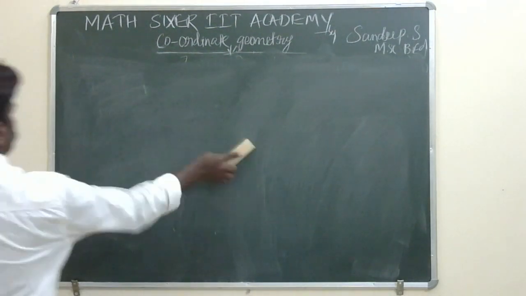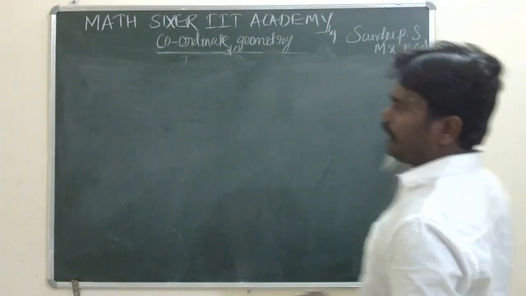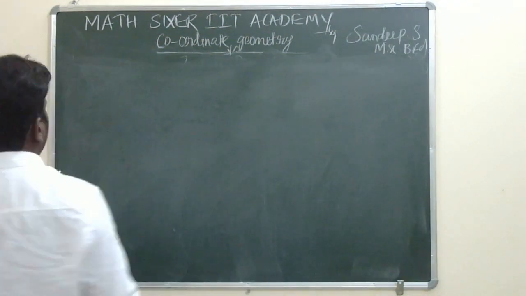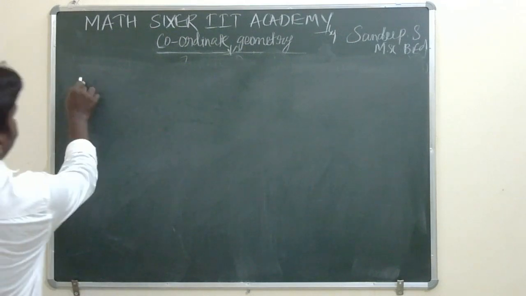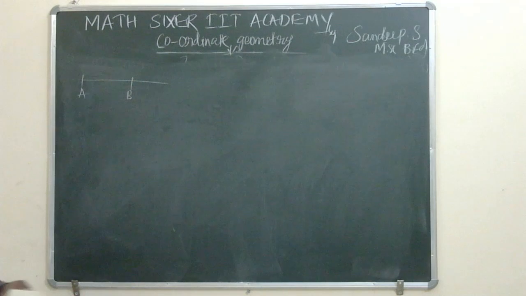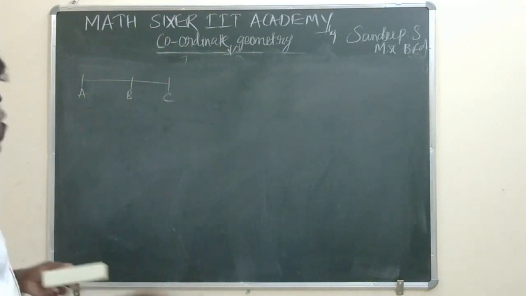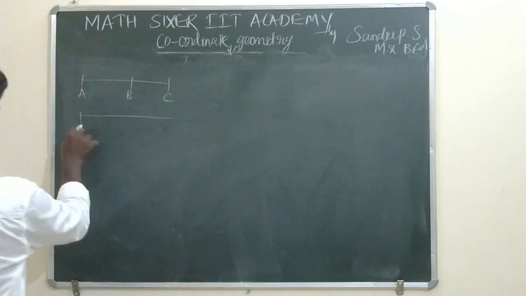Okay, so now you can see the external division. Suppose here I am taking A and B, and now the point C is there on the right side of AB, or maybe the left side of AB.